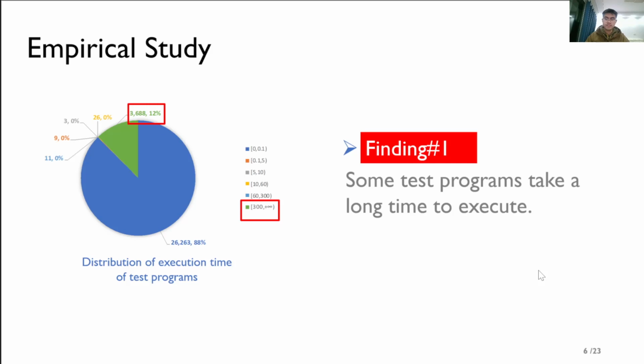We also noticed that there are very few test programs with execution times between 0.1 and 300 seconds. This may be due to the insufficient diversity of test programs generated by Csmith and the small number of generated test programs. The gap may be reduced if more diverse test programs are generated.